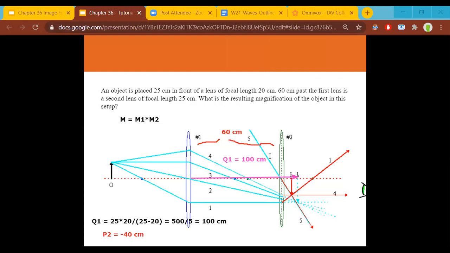But the object distance is measured from the lens in question. So the distance between the second lens and this image is not 100 centimeters. The distance between the second lens and this image is the distance from the second lens to where the image is being formed. So this distance right here, because you know that the lenses are 60 centimeters away from each other, must be 40 centimeters.